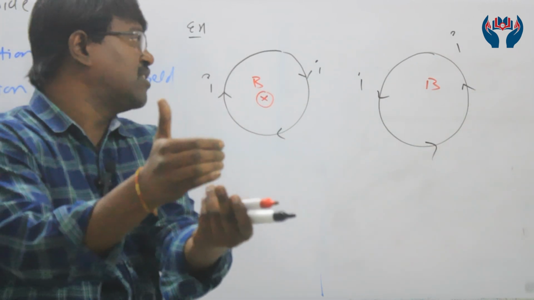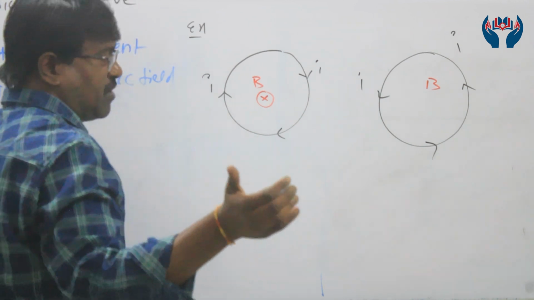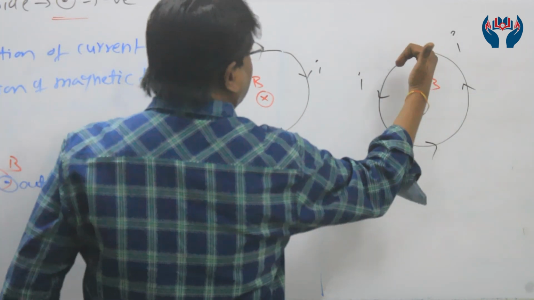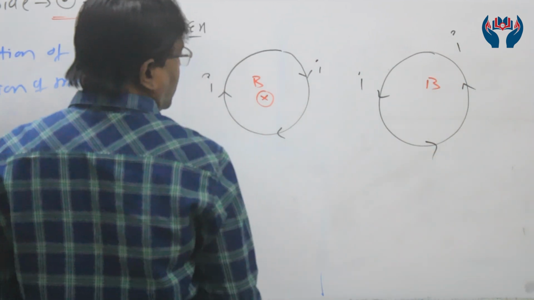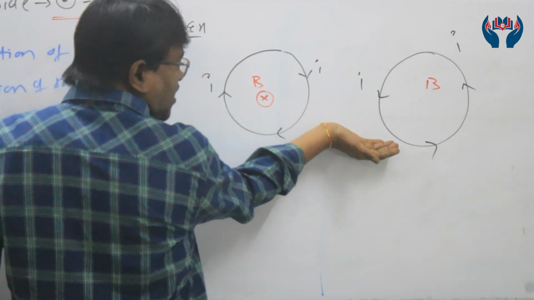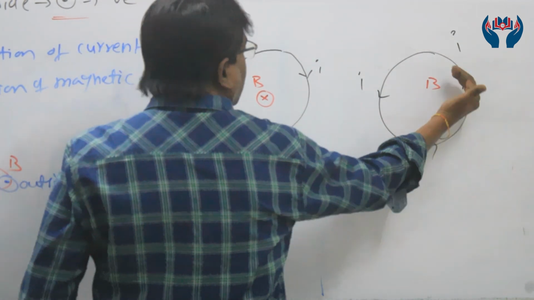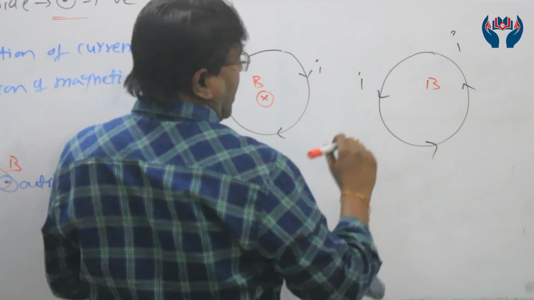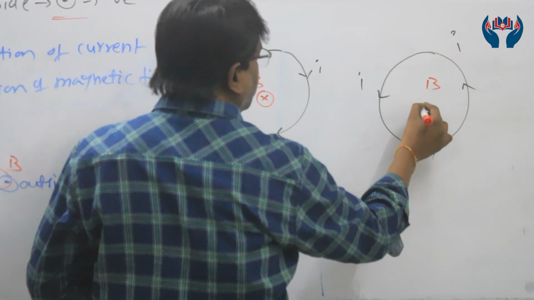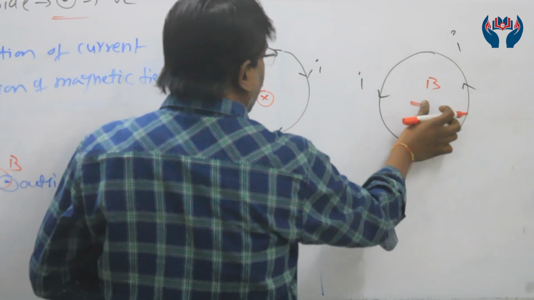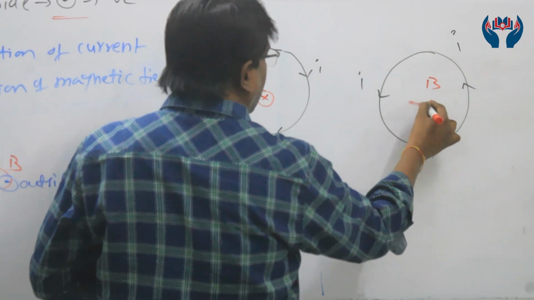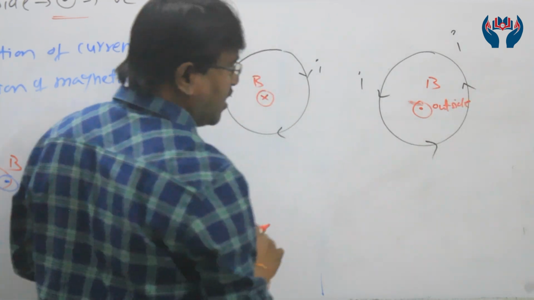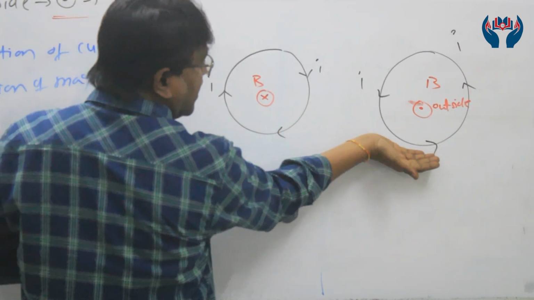Arrange these curved fingers along the direction of current, then the thumb is the direction of the magnetic field. Now the thumb is out of the board, so the magnetic field is induced outside the board, represented by a dot.